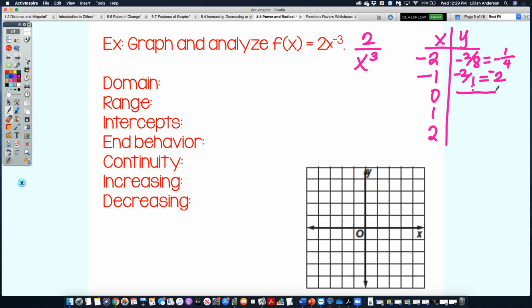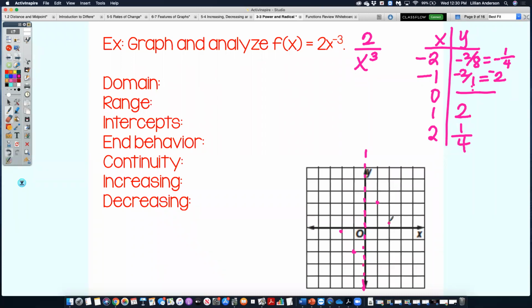Again, we have another asymptote at 0. When I plug in 1, I'll get a positive 2. And when I plug in 2, I'll get a positive 1/4. So when I plot these values: negative 2, negative 1/4; negative 1, negative 2; 1, 2; 2, 1/4.